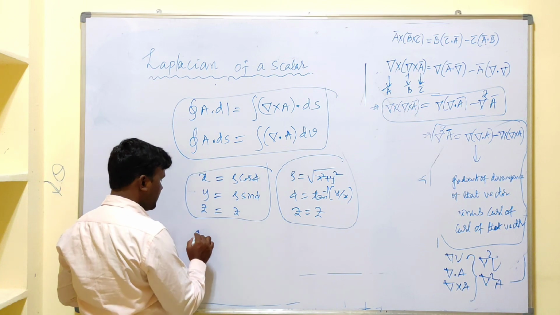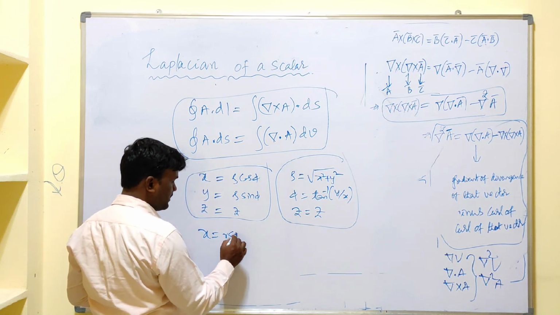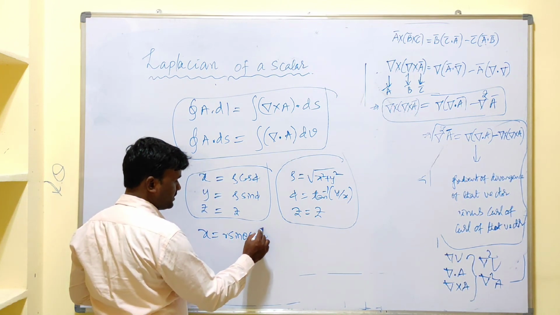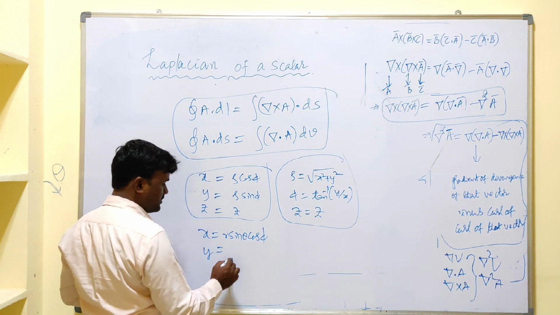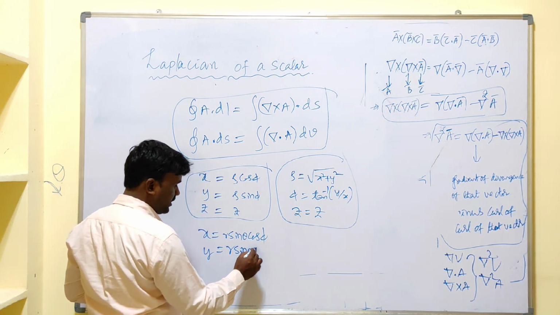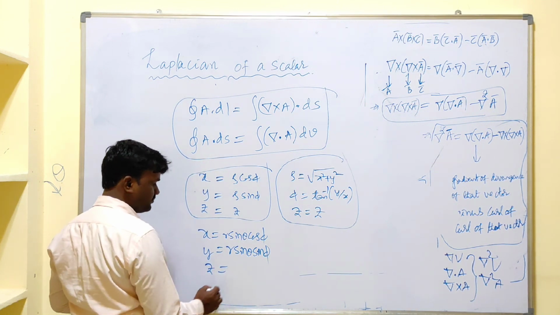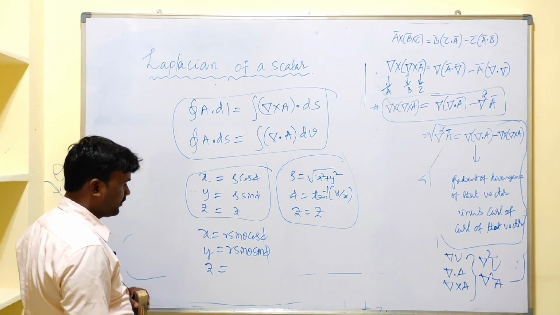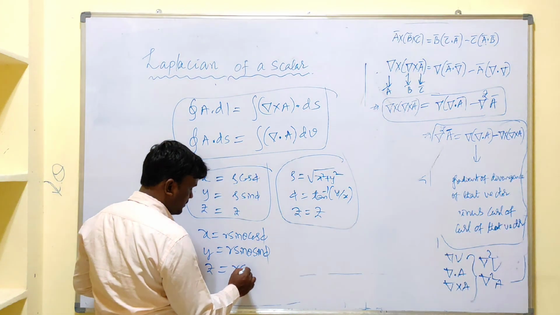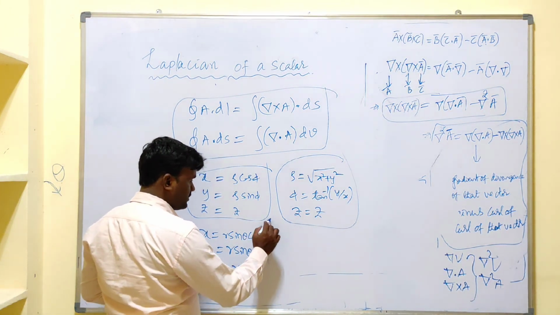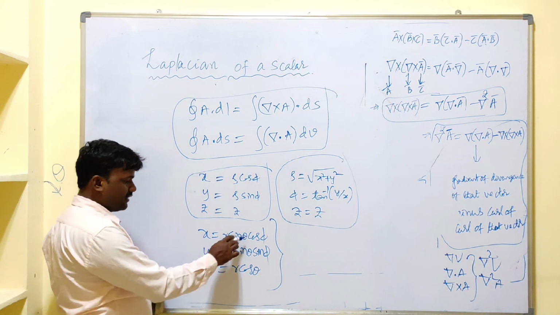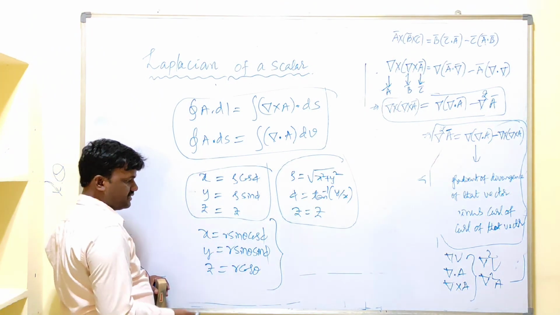In spherical, x equals r sin theta cos phi, y is the projected component r sin theta sin phi, and z equals r cos theta. Similarly, if I know r, theta, phi, I can find x, y, z using these equations.